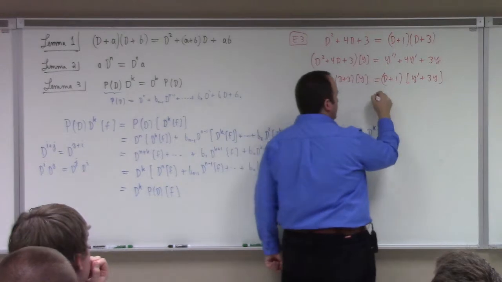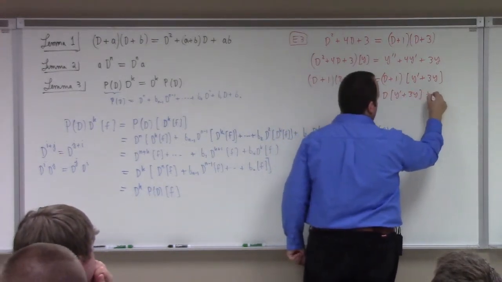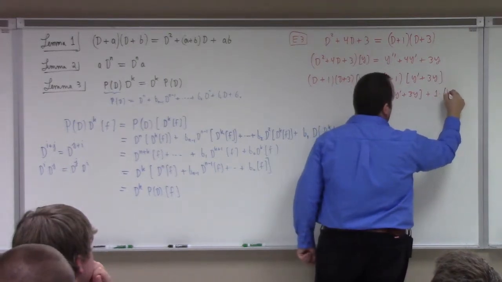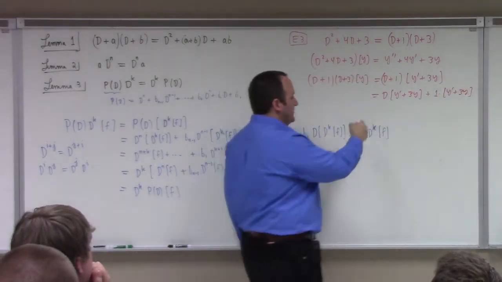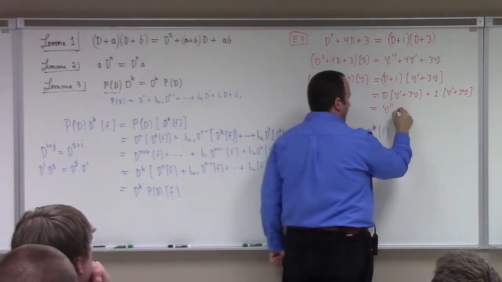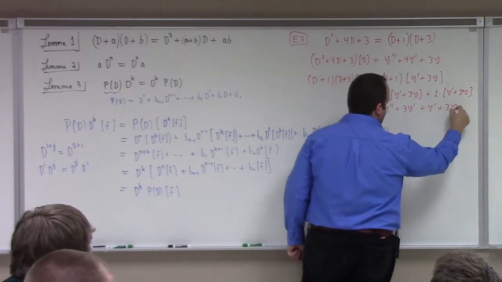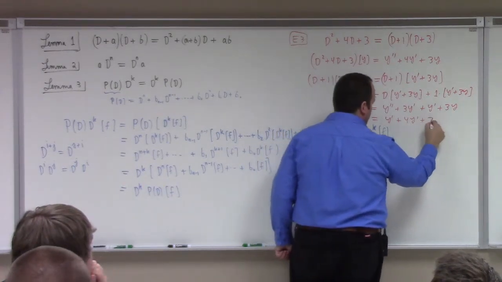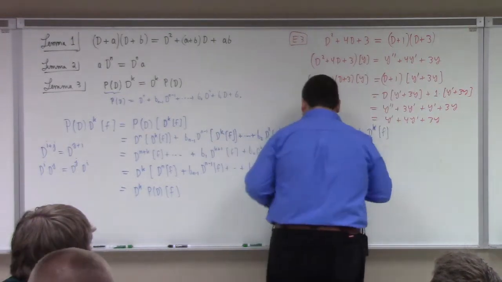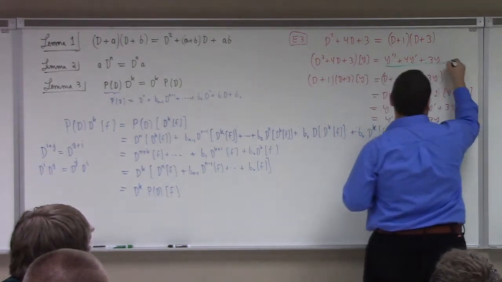So there are two terms. There's the differentiation operator on y prime plus 3y, but there's also the multiplication by 1 operator on y prime plus 3y. And we get y double prime plus 3y prime plus y prime plus 3y, aka y double prime plus 4y prime plus 3y, which you can recognize is the same thing as this, right?